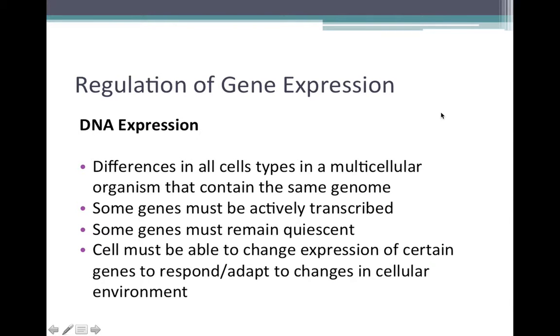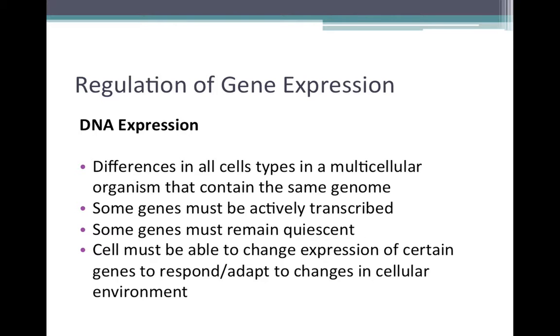Now, what's important to note is that not all of the genes in your cells are expressed simultaneously. Instead, what happens is that only specific genes are expressed at any moment in time. So not all 25,000 genes are expressed in a given cell. And this is really what makes cells different from each other.